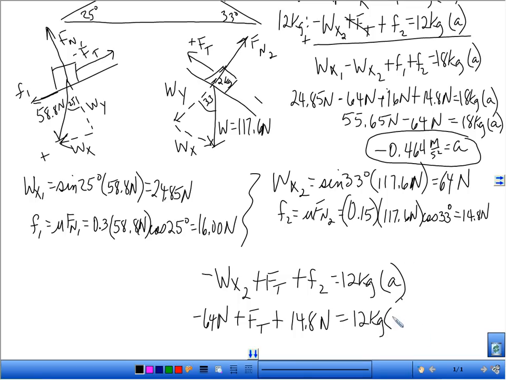It's negative 0.464 meters per second squared. So now I'm going to get my Ft. So 12 times my negative acceleration, and then my negative 64 comes over and is a positive 64, and then the 14.8 becomes negative when I move it over. So I got tension to be 43.6.